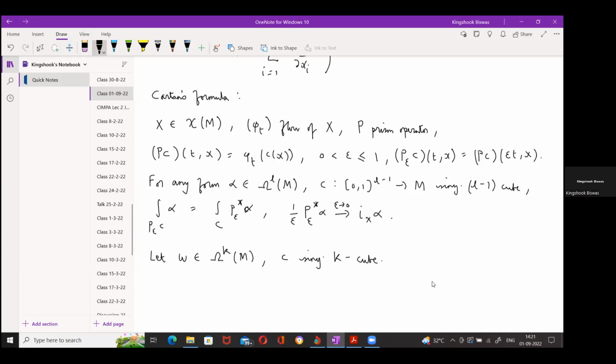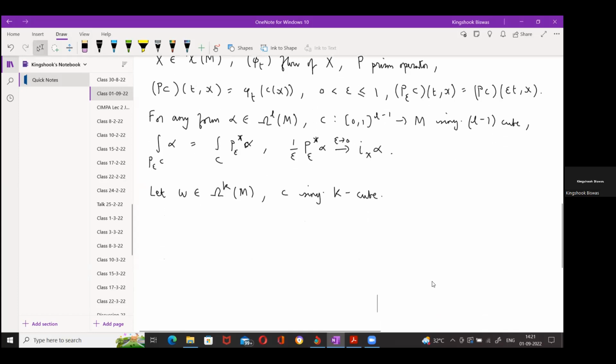So then we have this formula for the boundary of the K plus 1 cube. So this is [0,1] to the K plus 1. And we have a K plus 1 cube P epsilon C.